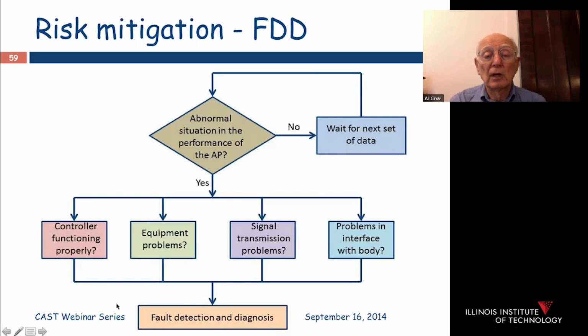Similarly, there could be some equipment problems, the traditional fault detection. There could be some signal transmission problems because of interference to wireless signals. And there could be problems in the interface of the equipment with the body, whether sensor or pump-related problems. So with all of that, there has to be a fault detection and diagnosis.